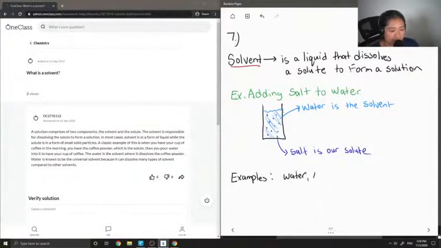You can have methanol as a solvent, ethanol. So these are all polar solvents. You could have hexane, which is a non-polar solvent. Something called dichloromethane is another interesting solvent as well, also known as DCM.